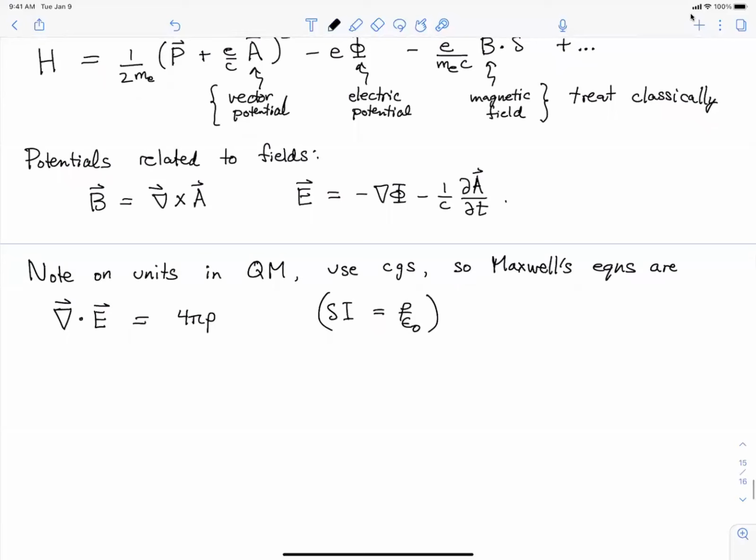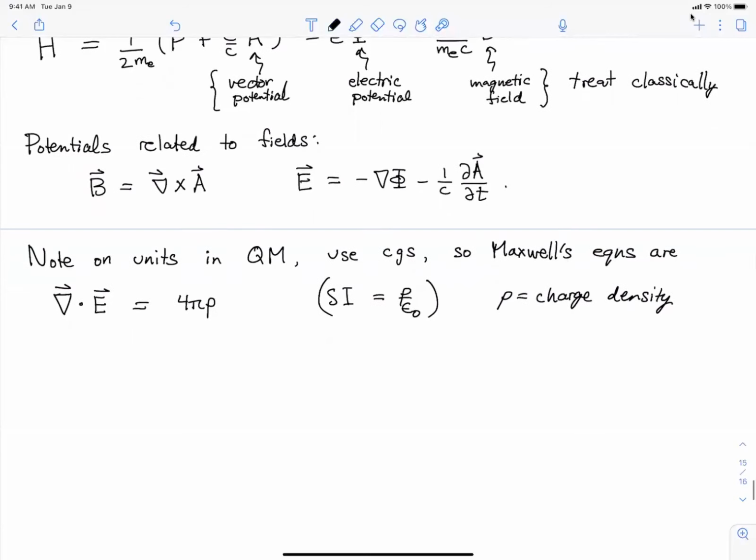Okay, and rho here is the charge density in either case. And then in the CGS system, the curl of the electric field, this is Faraday's law, is minus 1 over c times the time derivative of the magnetic field.